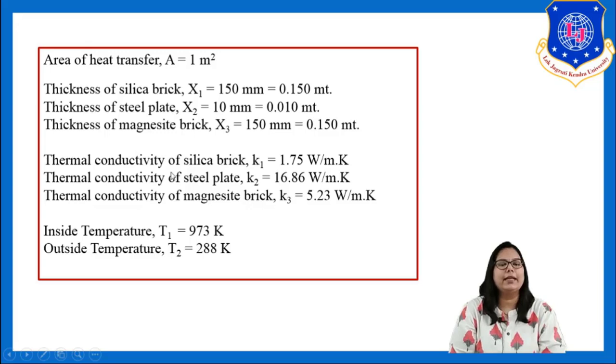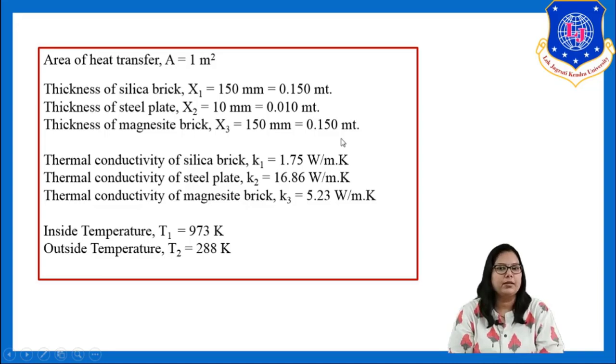These are the data which were given. Area of heat transfer A is 1 meter square. Thickness of silica brick x1 is equal to 150 mm, which is equal to 0.150 meter. Thickness of steel plate x2 is equal to 10 mm, which is 0.010 meter. And thickness of magnesite brick x3 is equal to 150 mm, which is 0.150 meter.